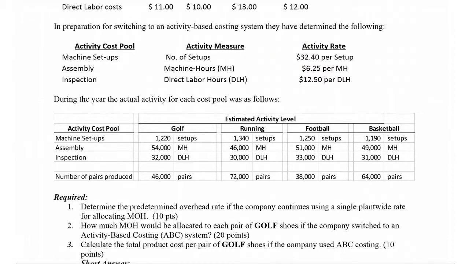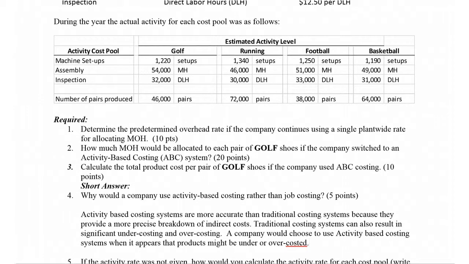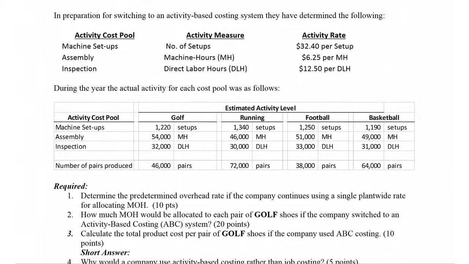So the formula that you're asked to write, and I don't really have enough room to write it down here, so I'm going to write it up here, is the machine setup.